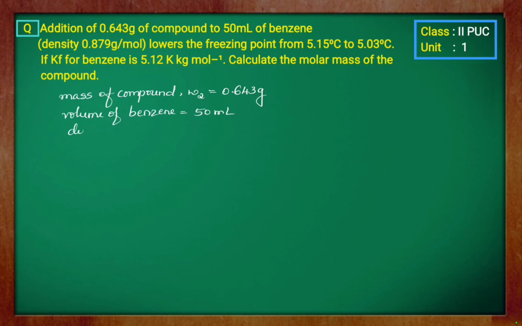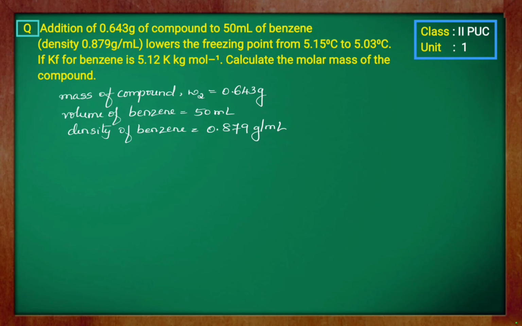Also they have given us density. So the density of benzene is equal to 0.879 gram per ml. Using the volume and density, we can calculate the mass of benzene. So we have the mass of benzene, which is its volume multiplied with density.